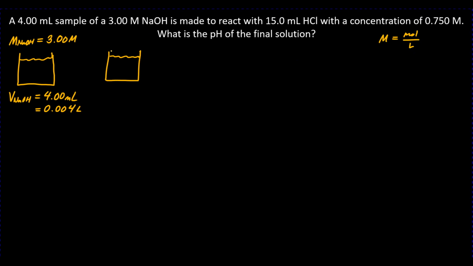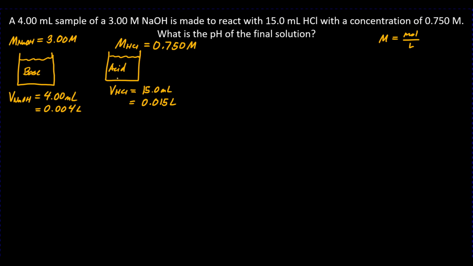Now, the volume of the acid is 15 ml, which when converted into liters is 0.015 liters. The concentration of this acid is 0.75.